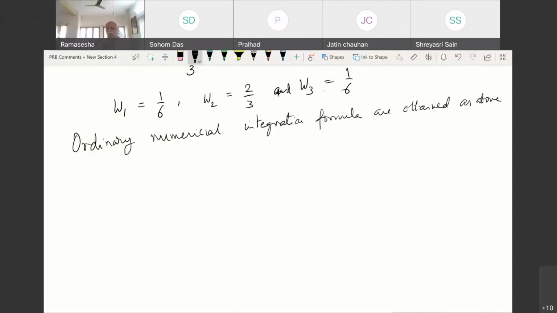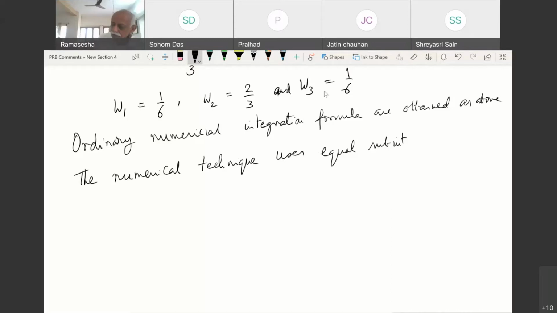So you get what's called the rectangle rule, trapezoidal rule, and then you have Simpson's rule, and then you can go to higher and higher powers. Okay, but here the problem is the following. That is the numerical method: it always uses x nu equal to nu by n.